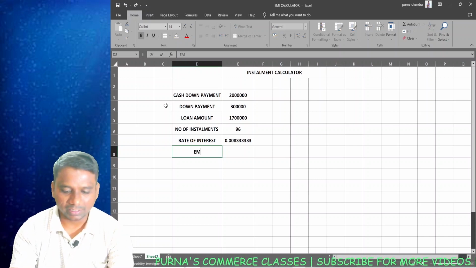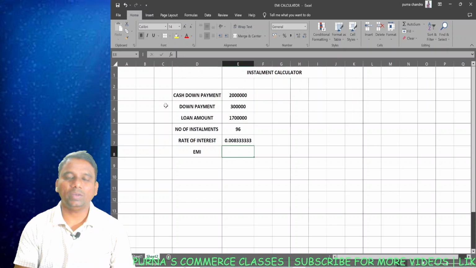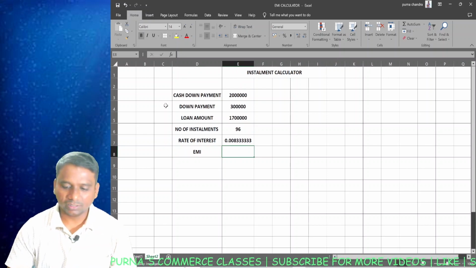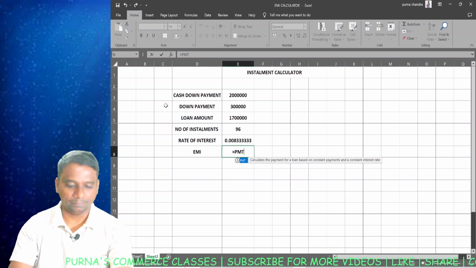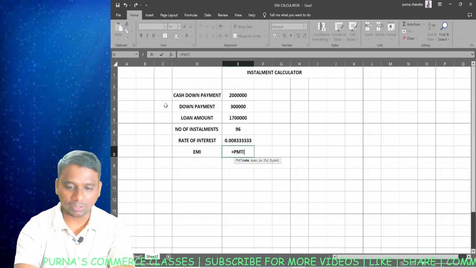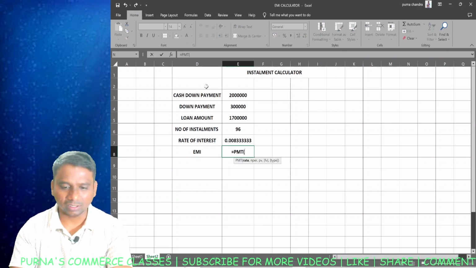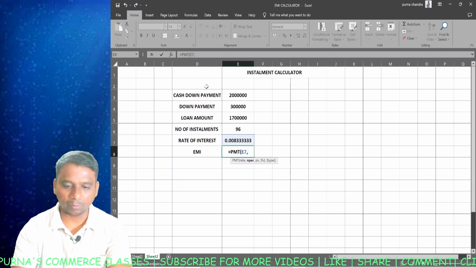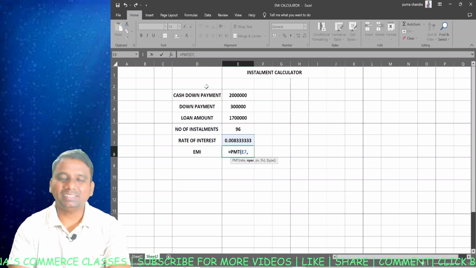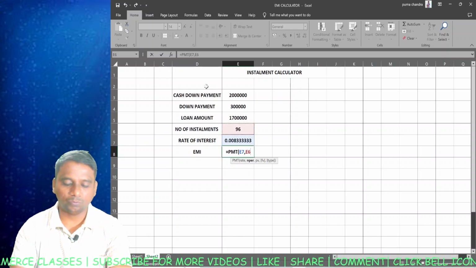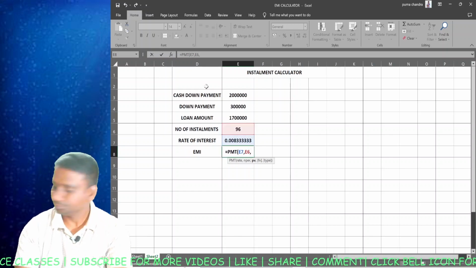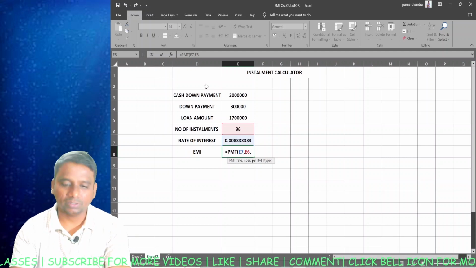Now calculate EMI, equated monthly installments. For this we have a formula called PMT. Now it is asking rate. So interest rate, comma, NPER, that means number of payments, 96.